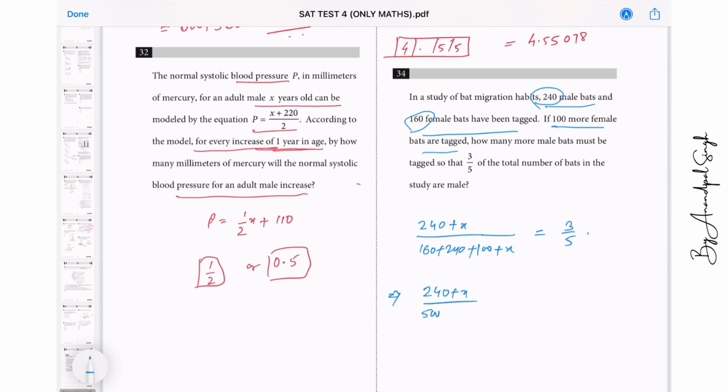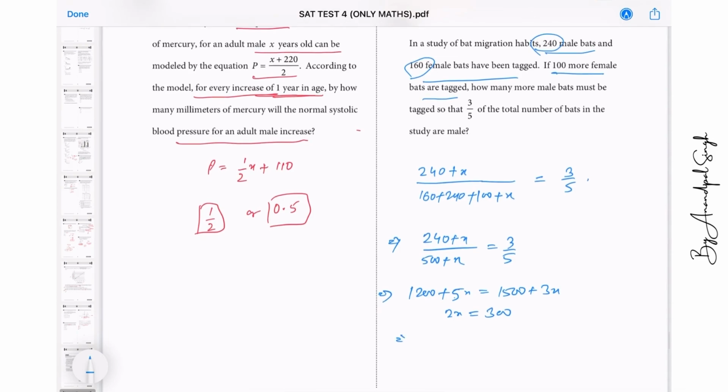This is 500 plus X. Cross multiplying, we get 1200 plus 5X is equal to 1500 plus 3X. So 2X equals 300. Dividing both sides by 2, we get X equals 150, and this is the final answer.